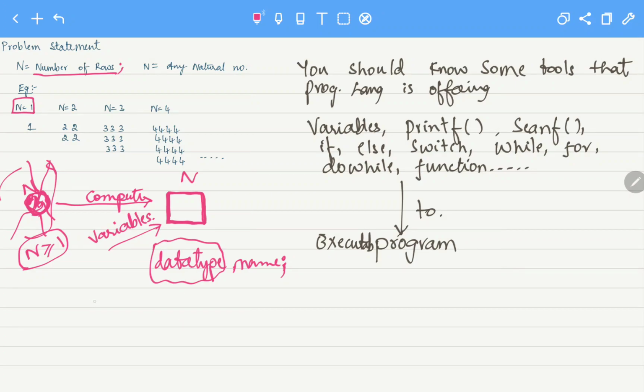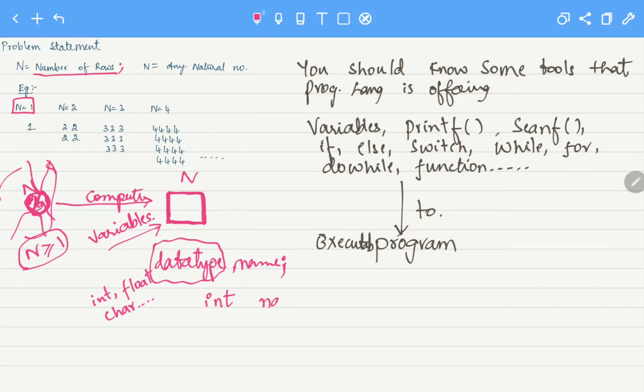So there are many data types like int, float, char, double, and I hope you know what are the uses of these. And among these I found that integer is a perfect match for holding this variable value.